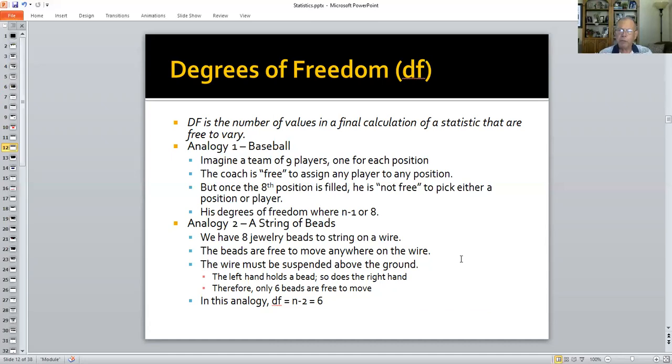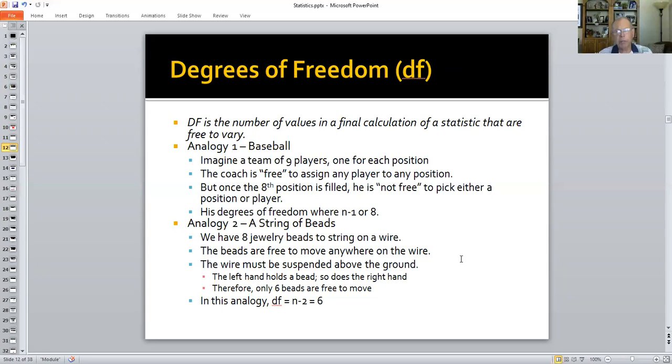But once he's filled 8 positions, he's no longer free. That last position and that last player have no choice. Therefore, his degrees of freedom is n, that's to say 9, minus 1, or 8. All right? You see where that's going? Because how many values are free in the final calculation? He had only 8 degrees of freedom.